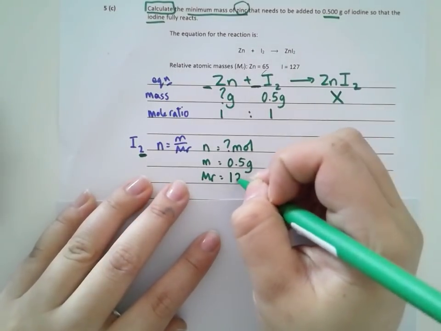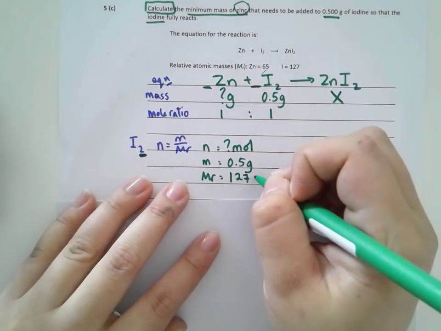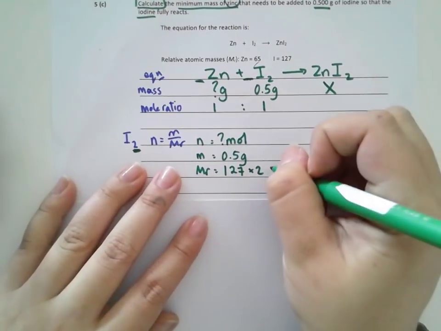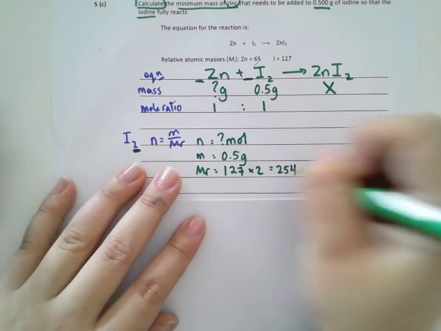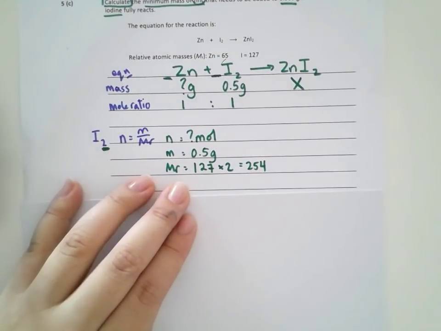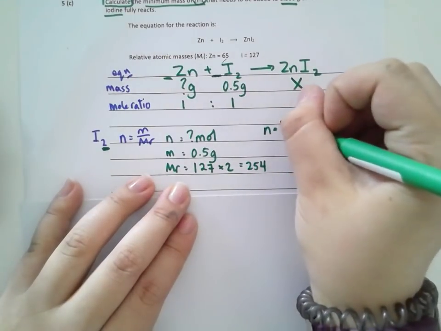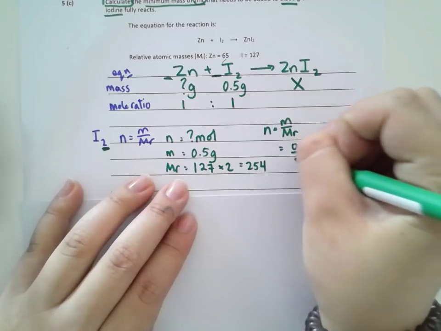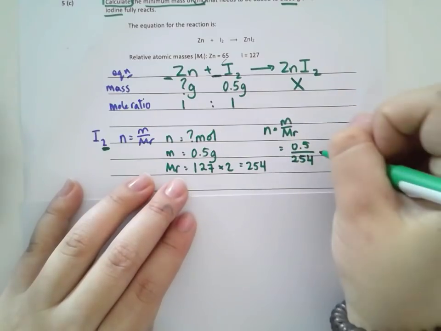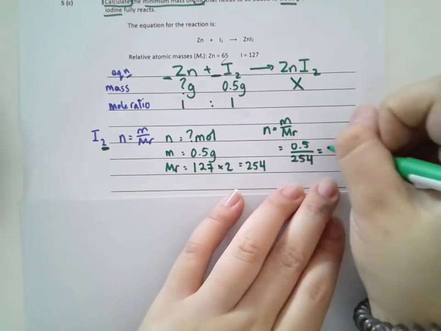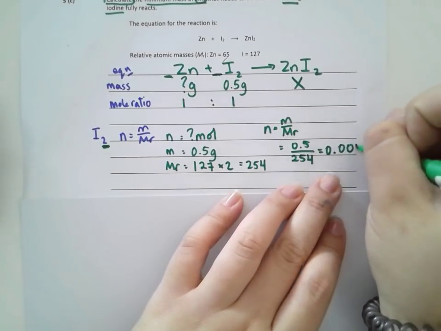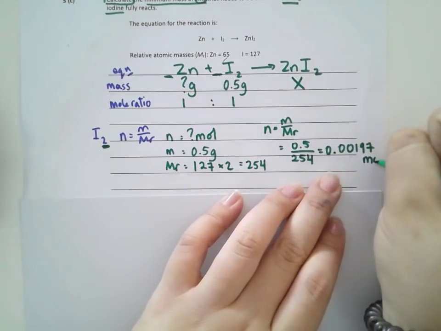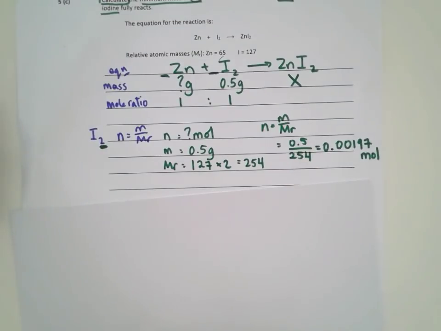We have to do 127 times by 2. And so our answer there is 254. We can enter that into our equation. So if n equals m over MR, which equals 0.5 divided by 254, and you do it on the calculator, it's 0.00197 moles, and that's the 3 significant figures there.